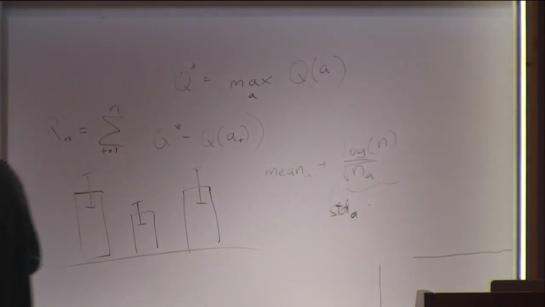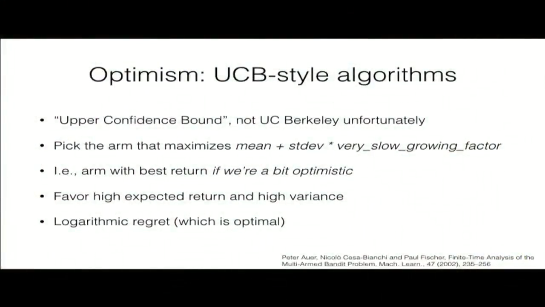So the general principle, the general takeaway, without getting into all of the bounds precisely, is you want to choose the arm that maximizes mean return plus the standard deviation of the return times some very slowly growing factor, which makes it so you get the optimal bounds. And one way to interpret this is you choose the arm with the best returns if we're a bit optimistic about the value of each arm.